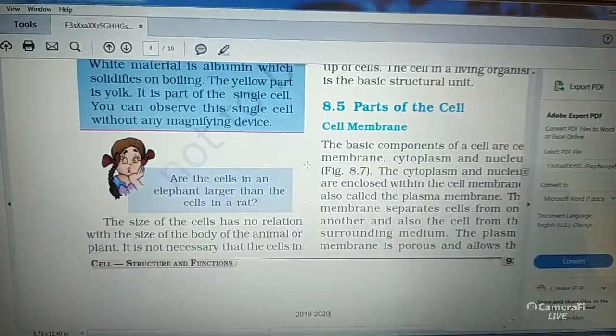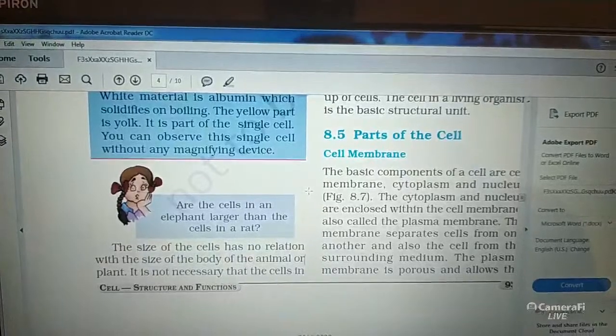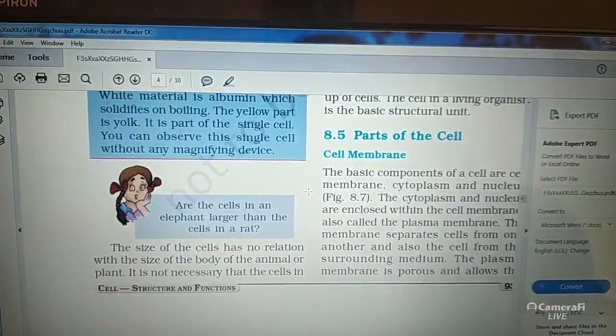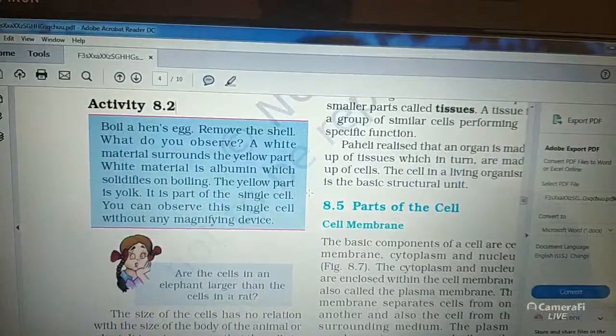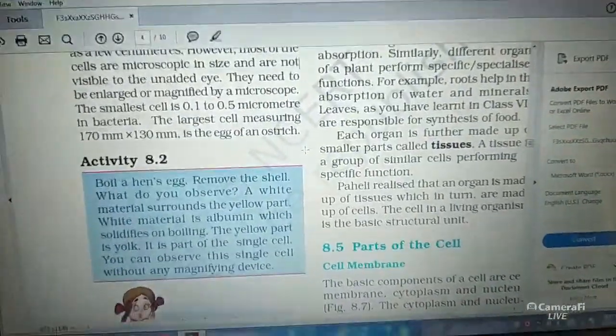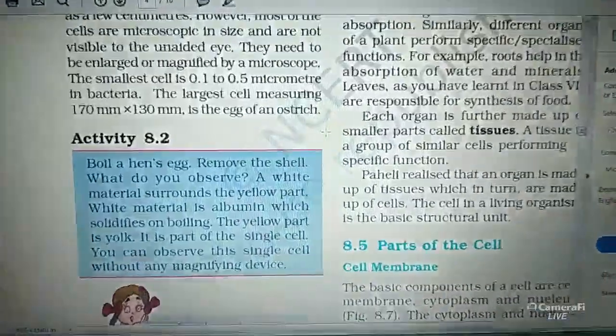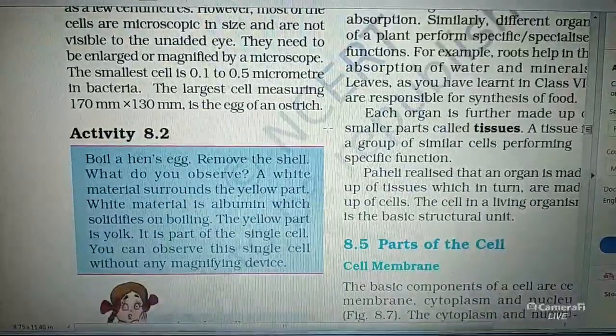If you have any doubt from this part you can ask me, students. And cell size is also clear, tissue is clear. When similar cells perform a specific function, it is called tissue.